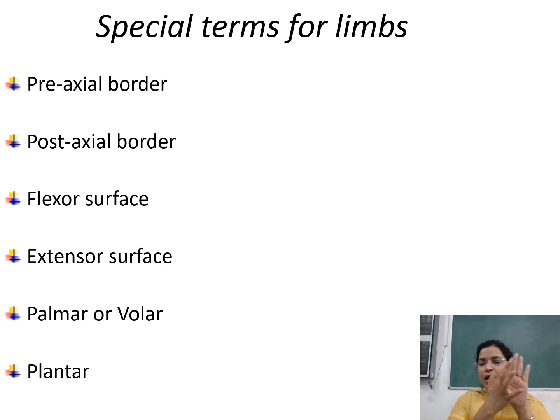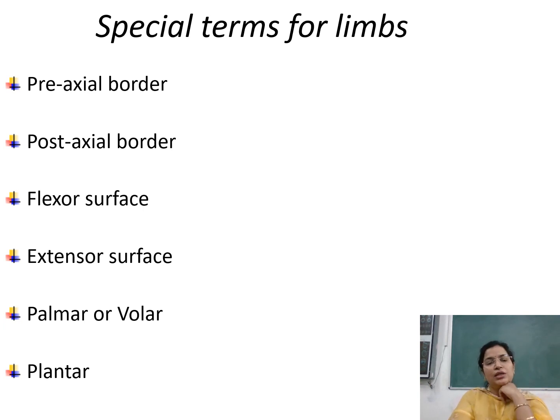Now this is the palm of the hand and this is called the palmar surface. Any muscles, nerves and vessels are studied in the palm of the hand, and the opposite surface is called the dorsal surface. This is called the dorsal surface, this is called the palmar surface.